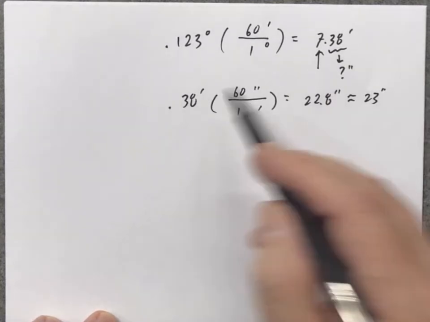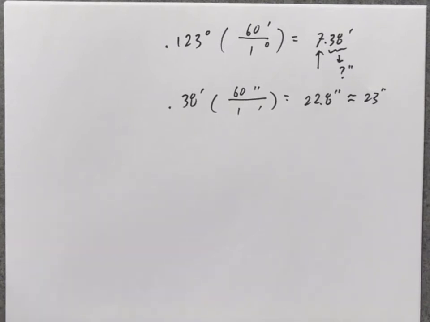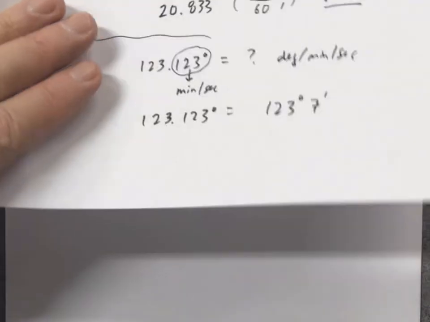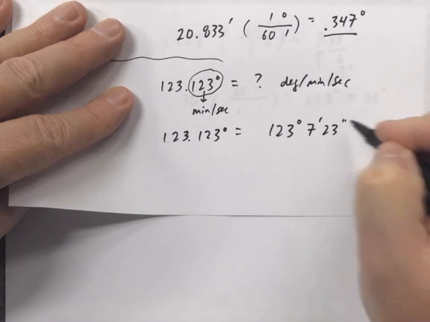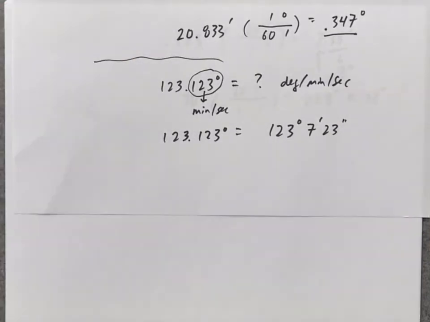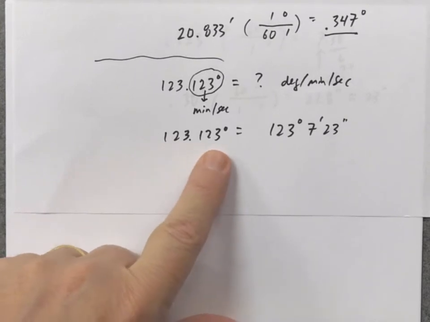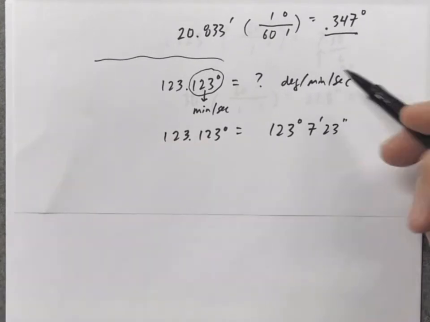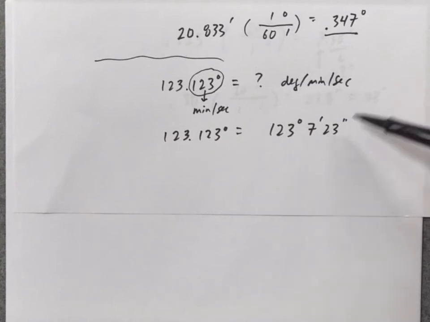So 0.38 minutes is approximately 23 seconds. So that becomes the seconds part of my final answer. So I go back here, and now I realize we have 23 seconds. So 123.123 degrees is the same thing as 123 degrees, 7 minutes, 23 seconds.